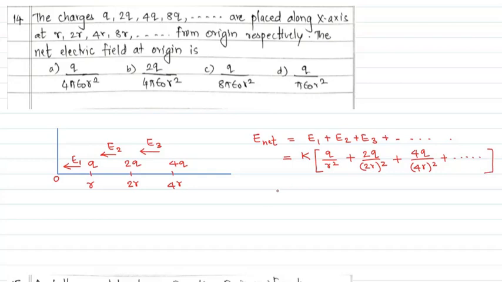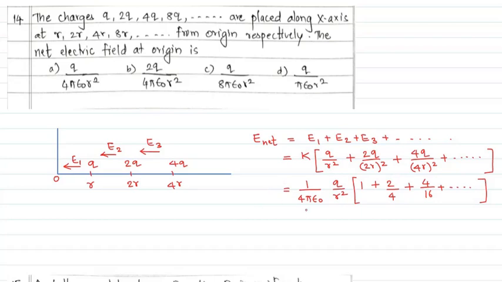Now simplify this. K I will write as 1 by 4 pi epsilon naught. In all the terms I can take q by r square common. So here remains 1, here it is 2 by 4, plus here it is 4 by 16, plus so on.